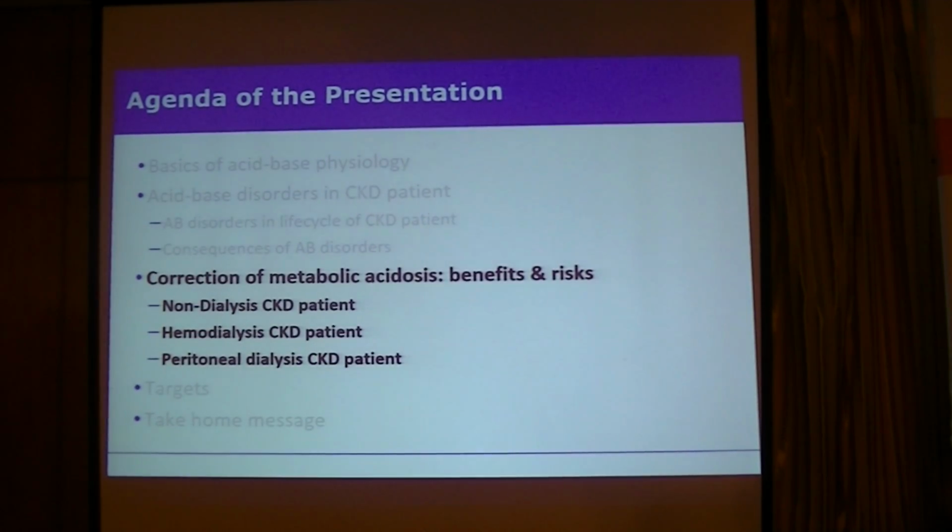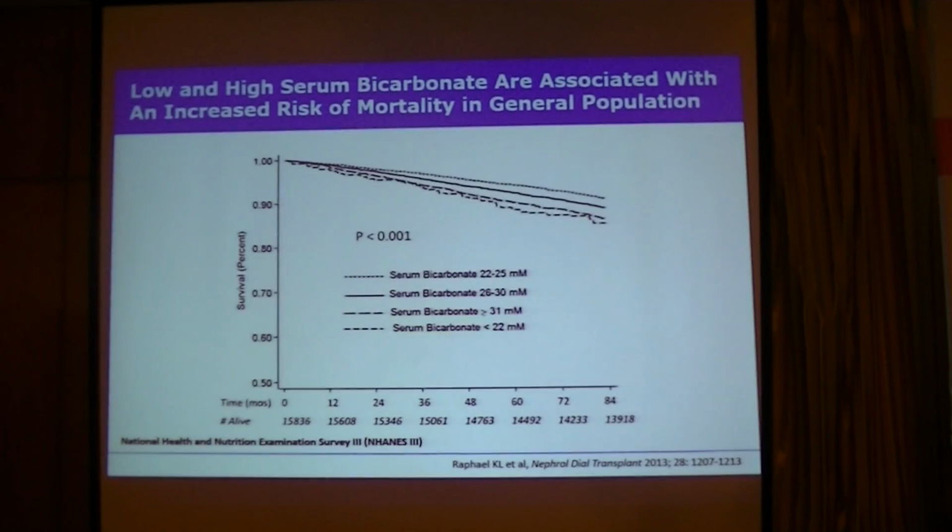So now, moving to the correction of metabolic acidosis in different settings. I will start with non-dialysis patients, then dialysis and PD patients. Non-dialysis patients are interesting, and the point is, of course, to understand what the impact is. This is a non-CKD population from the NHANES study. This is a US way of testing the population every 5 years, the National Health and Nutrition Examination Survey.